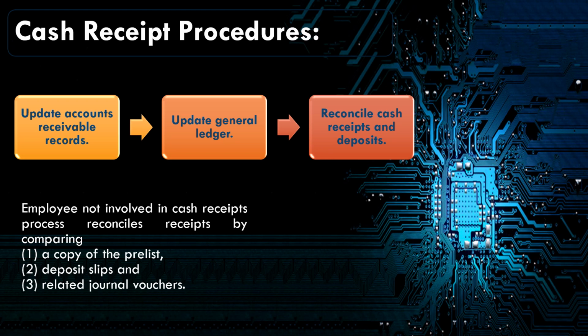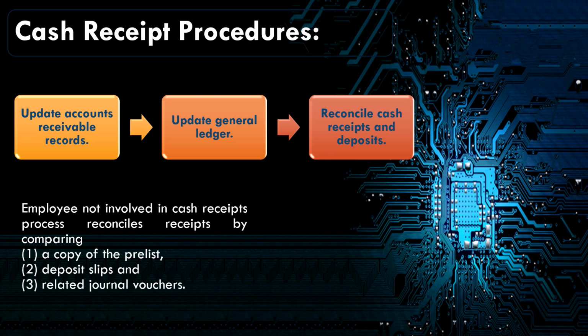An employee not involved in the cash receipt process reconciles the receipt by comparing the copy of the pre-list, deposit slip, and related journal vouchers. Why do we say an employee not involved in cash?